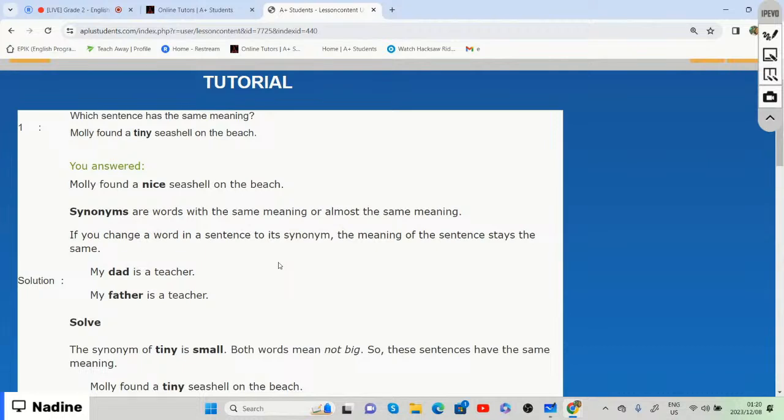And also, if you change a word in a sentence with a synonym, then the meaning of the sentence stays the same.